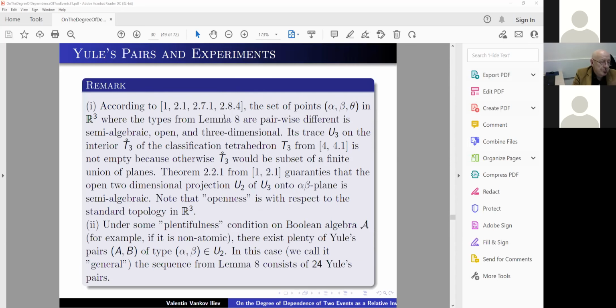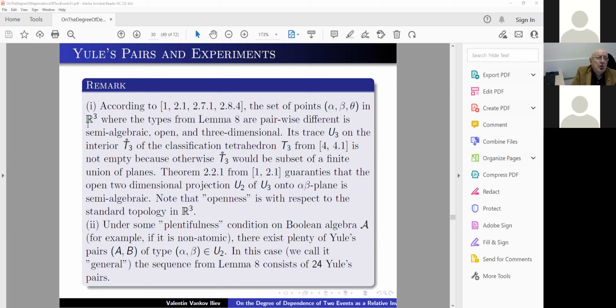And this is part of real algebraic geometry. We take the set of points alpha, beta, theta in R3, the three-dimensional real space, where the types are pairwise different. This is semi-algebraic, open and three-dimensional. Semi-algebraic means that it is defined by inequalities.